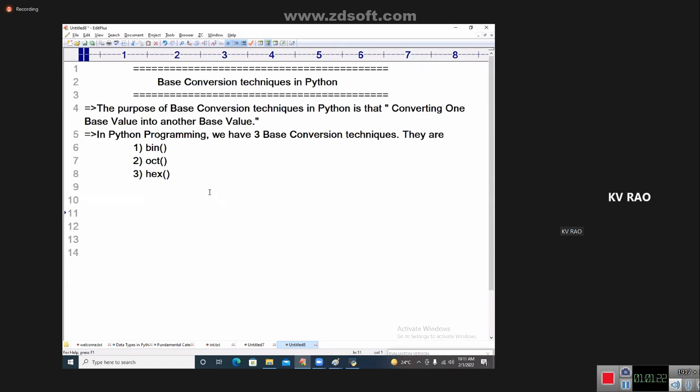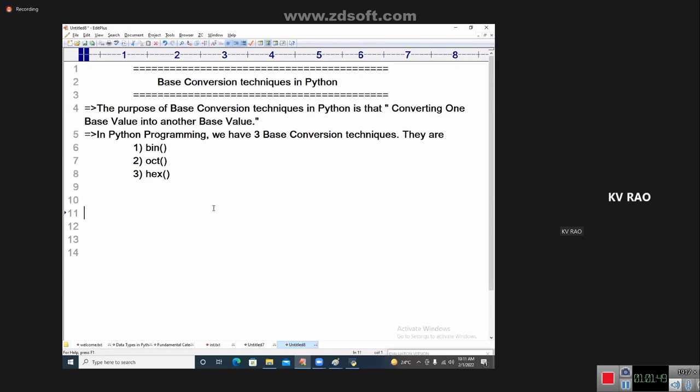Coming to programming, bin of, oct of, hex of are called predefined functions. As a programmer, we must always understand how to fulfill our requirement.